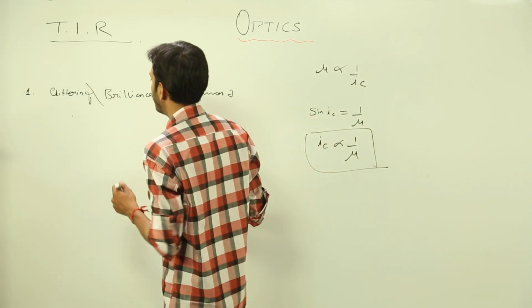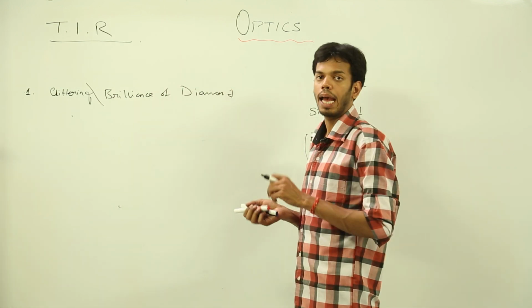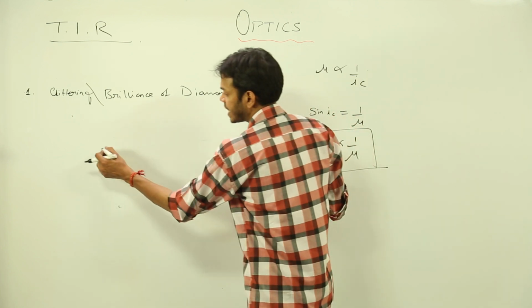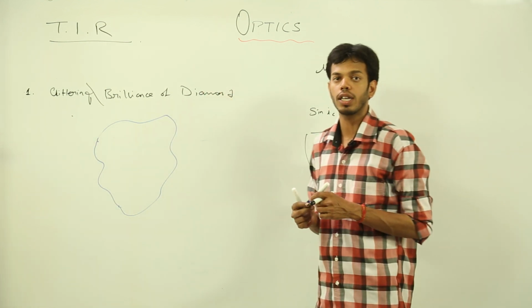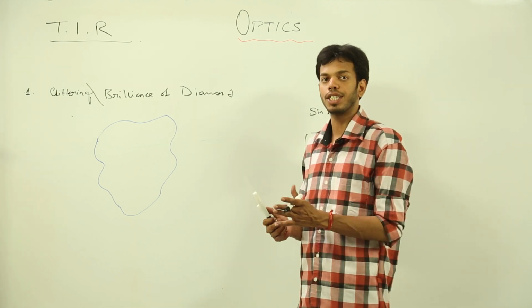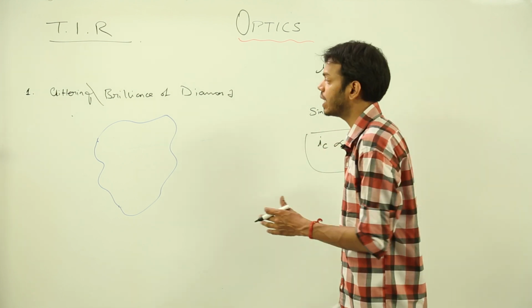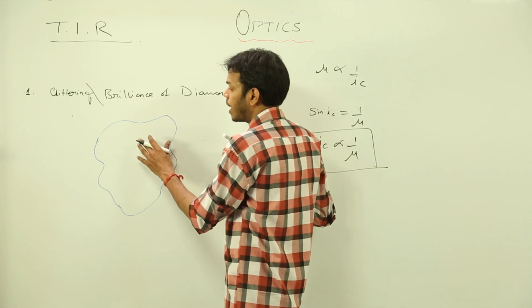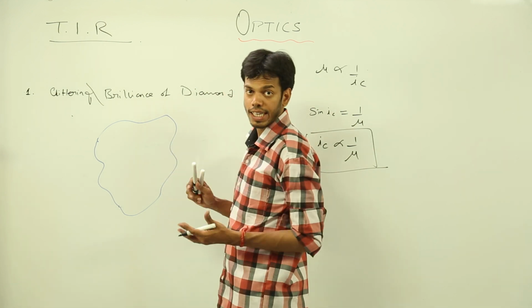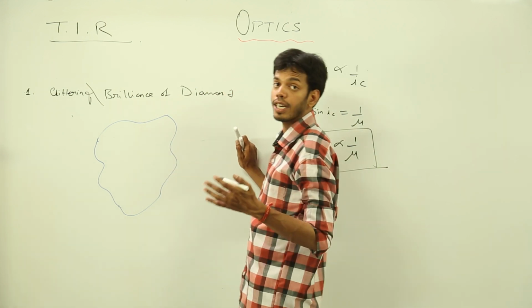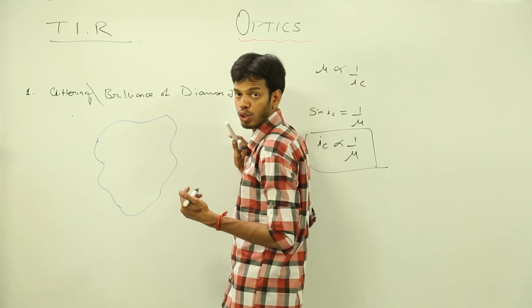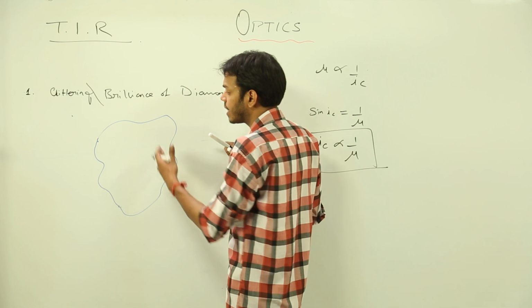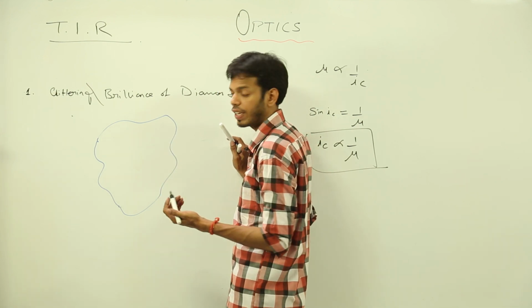Now in the case of diamond, have you seen diamond in raw form, the rough natural form? Diamond is any random shaped stone. It's not a sharp edged, perfectly cut diamond. It is of any random shape. Now when it is brought to the factory where diamonds are made to shine, to glitter, they go through machinery processes and undergo a lot of cutting and smoothing of edges.